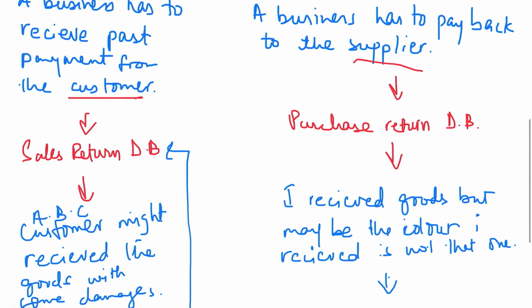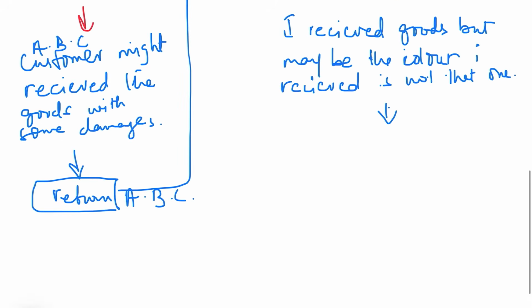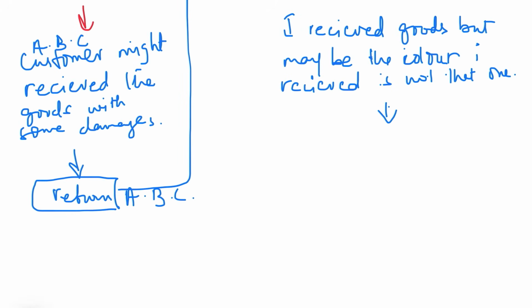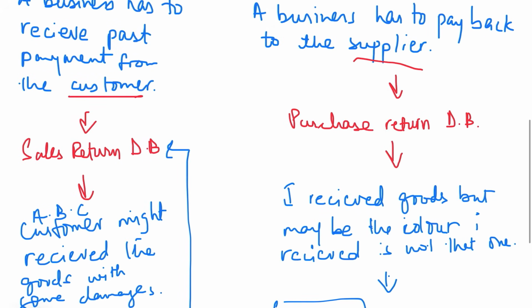So what I will do, of course, I will return it, right? So that purchase return is going to be recorded in my books of purchases as the purchase return, and the name I will mention in that book, in that purchase return day book, is that supplier's name.